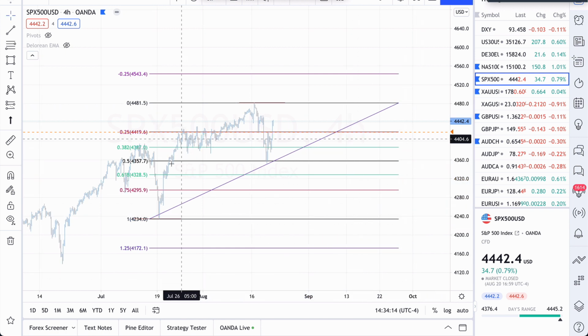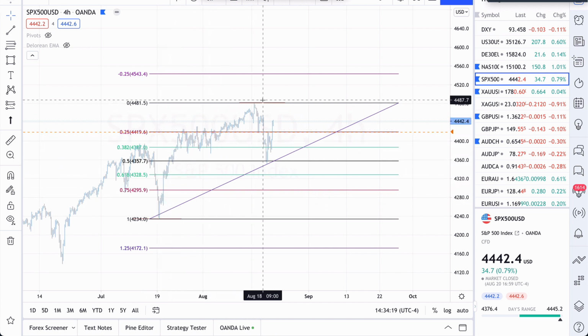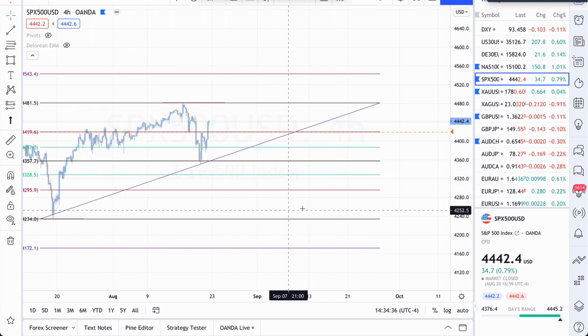Watch. So the market came up to 0. Remember the levels that I told you. I told you that traditionally the pullback is between 50% to 75%. The sweet spot for most people is the 61.8. Well, the market didn't come back to 61.8.